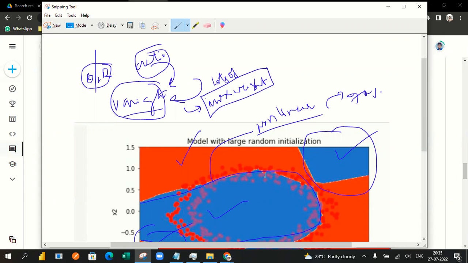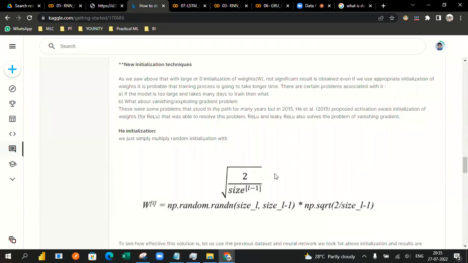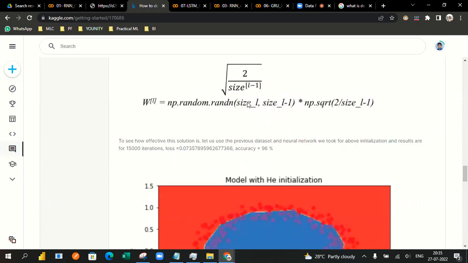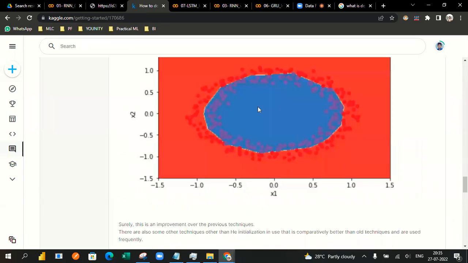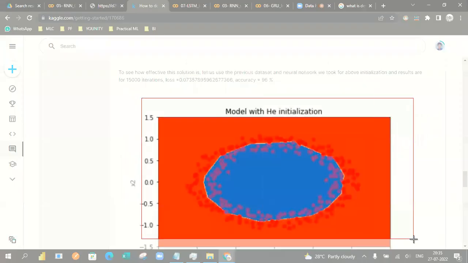We can also discuss more in-depth concepts of the vanishing gradient problem in the activation function chapters. So yes, He initialization will resolve the vanishing gradient problem when you apply it to neural networks. This is just a random initialization with respect to this formula, 2 divided by the square root of this formula. You can see here it's represented as what we just learned, and it also makes some sense to understand.